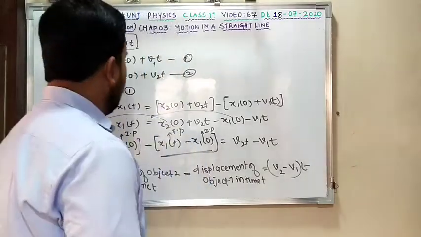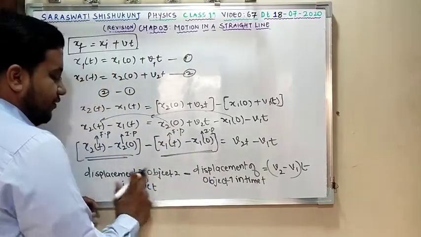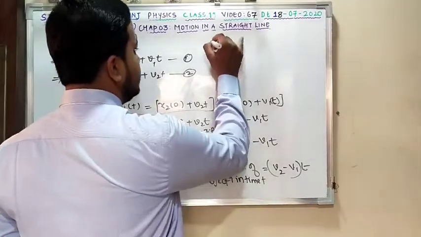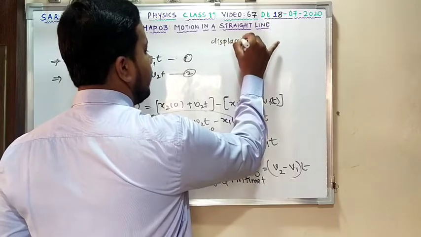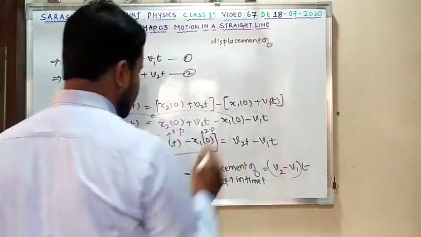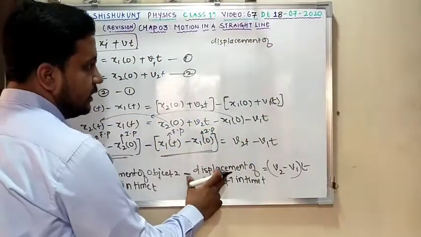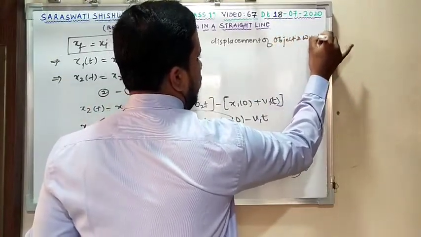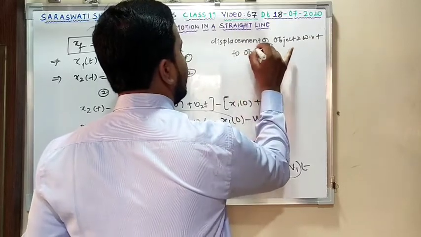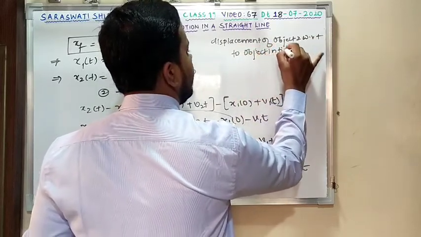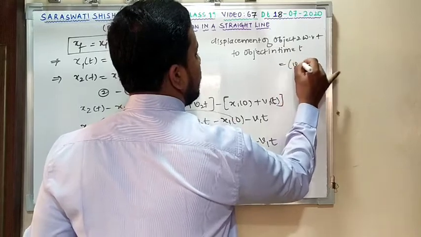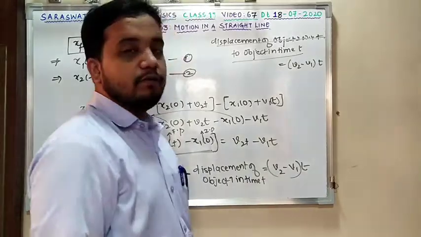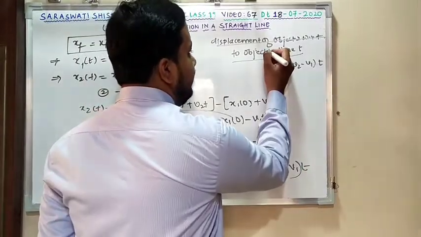Very good. Moving ahead, this is displacement of object 2 in time t, and this is minus displacement of object 1 in time t. So I can write displacement of object 2 with respect to object 1 in time t is equal to (v2 minus v1) into t.